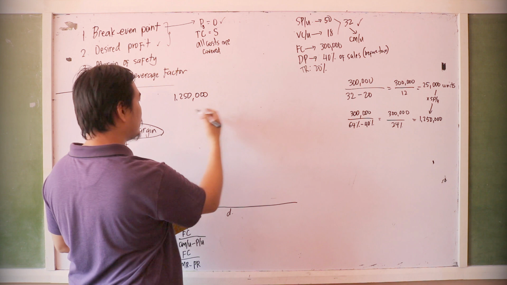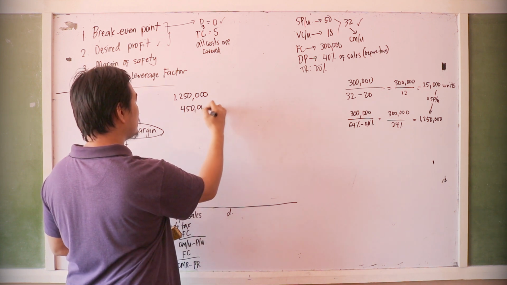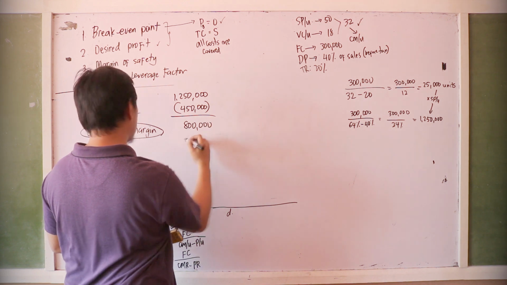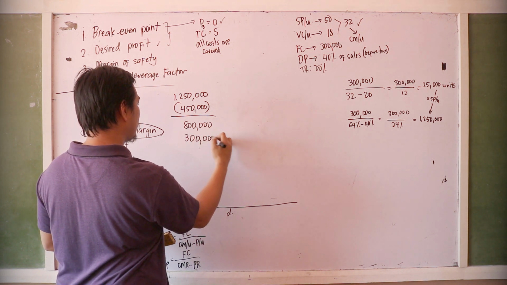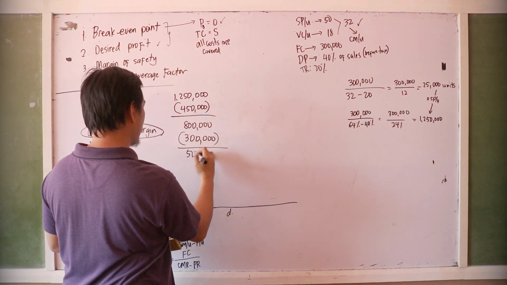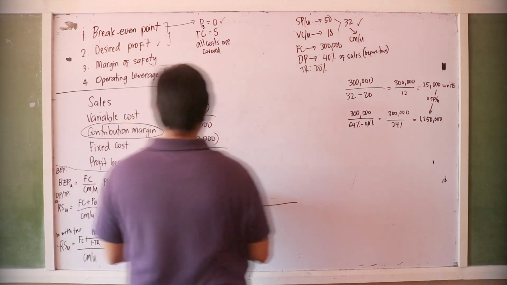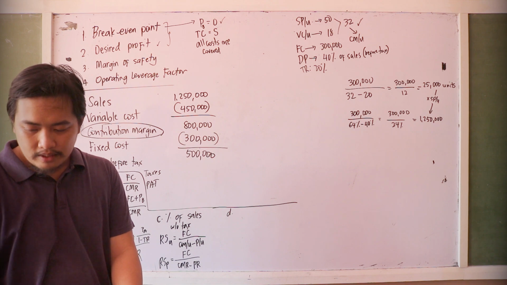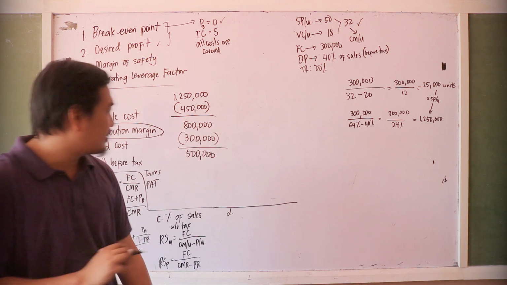25,000 units times 18, lalabas 450. Ang ating contribution margin is 800,000, less yung fixed cost na 300, profit before tax natin is 500,000. Now, tignan natin kung ang 1,250 times 0.4 is equal to 500,000.